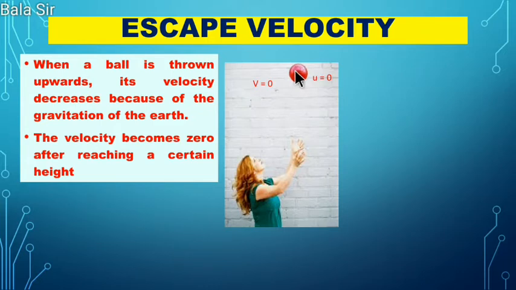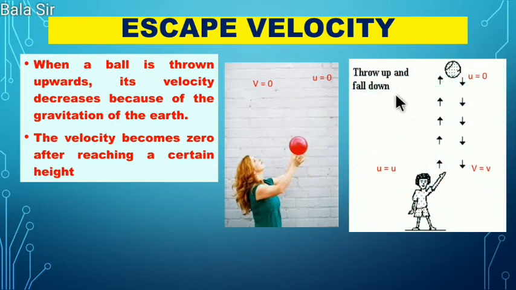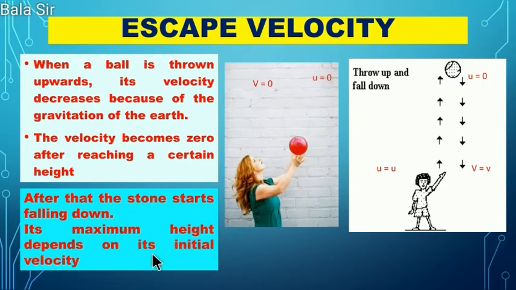Now when it comes down, at that time the initial velocity is 0. So when the ball is thrown up, your final velocity is 0, but when the ball comes down, your initial velocity is 0. After that the stone starts falling down, its maximum height depends on the initial velocity.